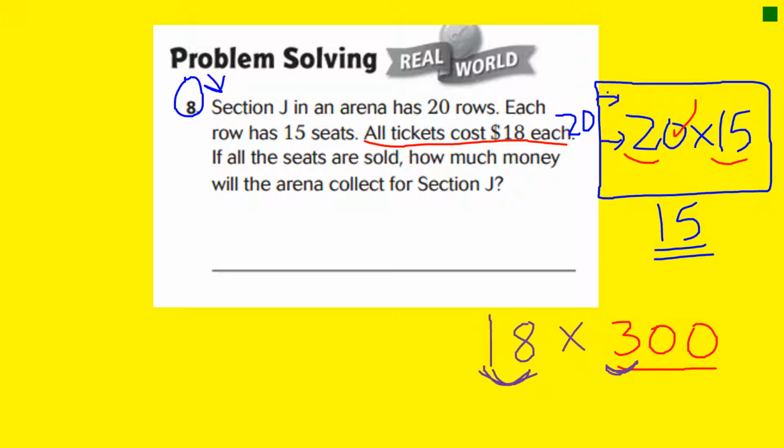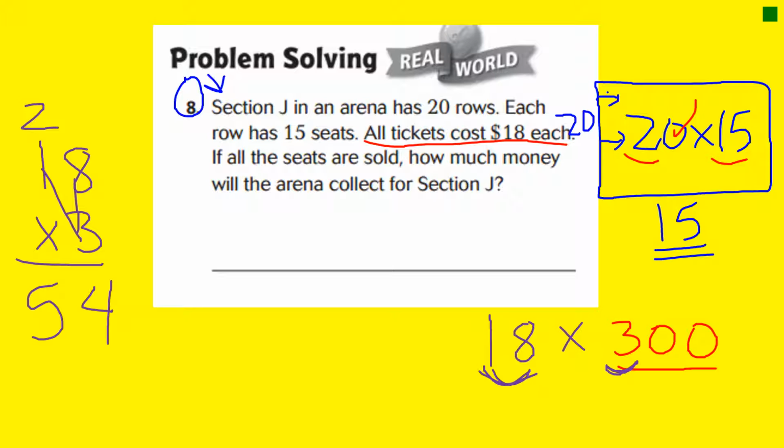Let's go over here and do 18 times 3. Okay? What's 3 times 8? 8, 16, 24. Yeah. And 3 times 1 is 3, plus 2, 3, 4, 5 is 54. Okay? But then, of course, we weren't just multiplying by 3, we were multiplying by 300, so we're going to make that 100 times bigger.